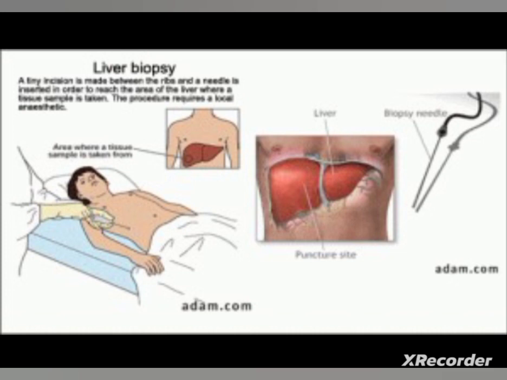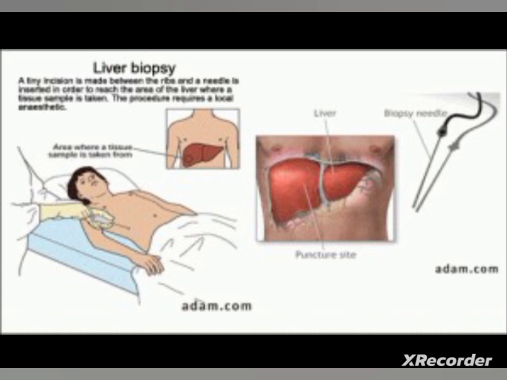Then local anesthesia will be given, and the client is asked to inhale and exhale several times, finally to exhale and to hold his breath at the end of expiration.